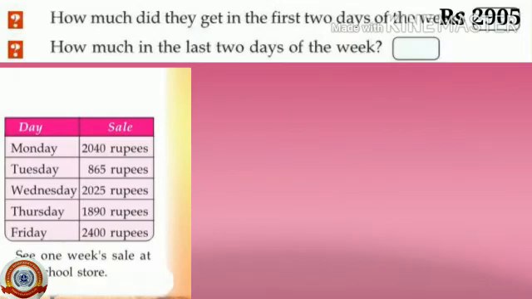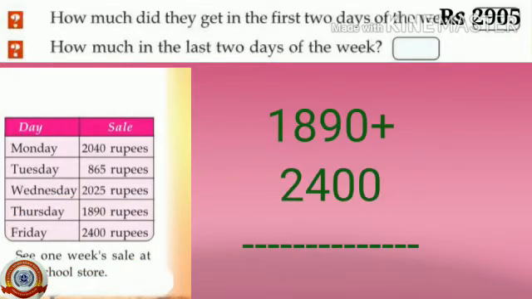How much did they get in the last 2 days of the week? Which are the last 2 days? Thursday and Friday. Thursday, they get 1890 rupees. Friday, they get 2400 rupees. How do we find the amount they get in these 2 days together? Just add 1890 and 2400. 1890 plus 2400. 0 plus 0, 0. 9 plus 0, 9. 8 plus 4, 12.